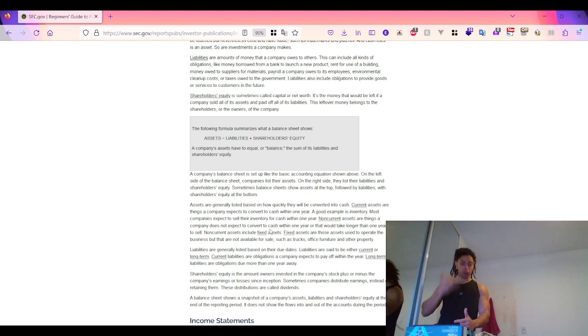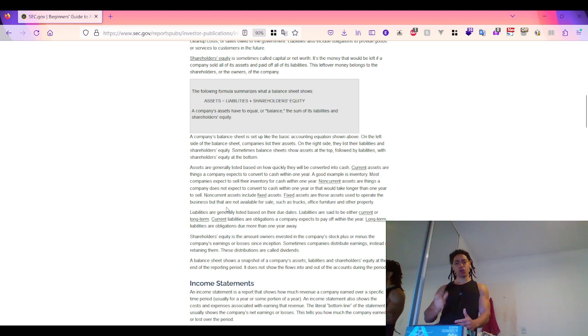So you have current liabilities, obligations that a company has to pay within a year, and long-term liabilities, as well as the shareholders' equity, which is the amount the owner invested in the company's stock, plus or minus revenue since inception.